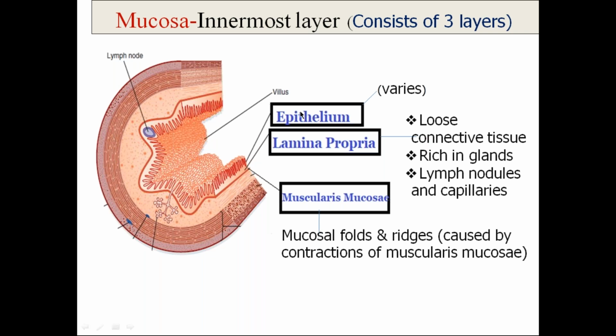Outer to the epithelium is the connective tissue which is rich in glands, lymph nodules and capillaries. This layer is known as lamina propria. Outer to that you have the muscularis mucosae, because of which the mucosal folds and ridges occur. So the 3 layers in the mucosa are epithelium, lamina propria and muscularis mucosae.